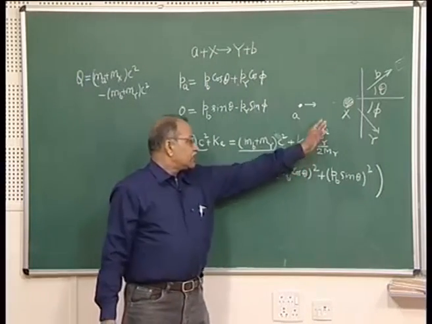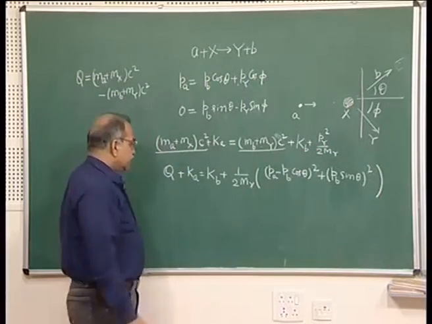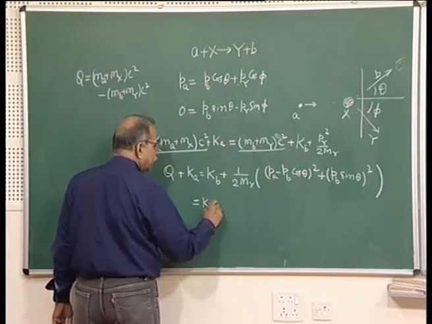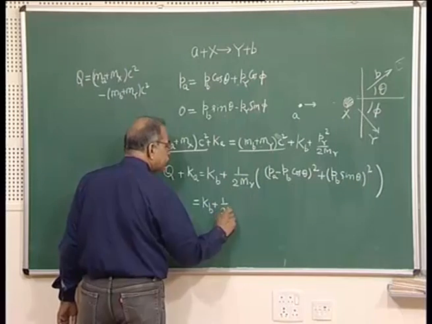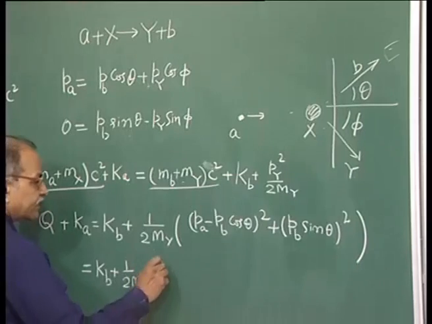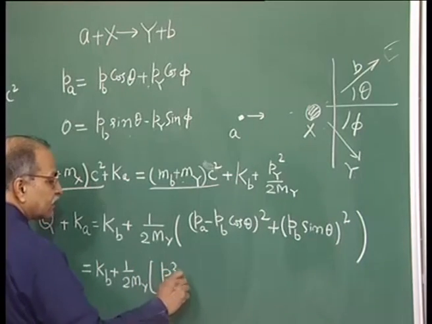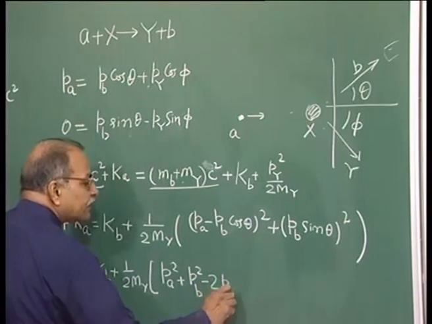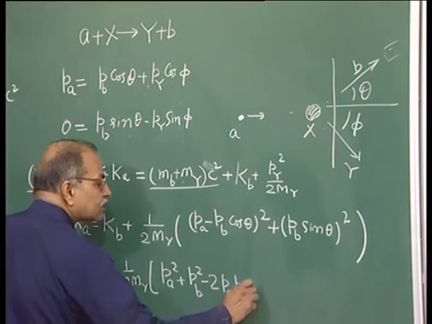So, that is Py square, and then 2 my I have already written. So, this is Kb plus 1 by 2 my, and here it is Pa square plus Pb square minus 2 Pa Pb cos theta.